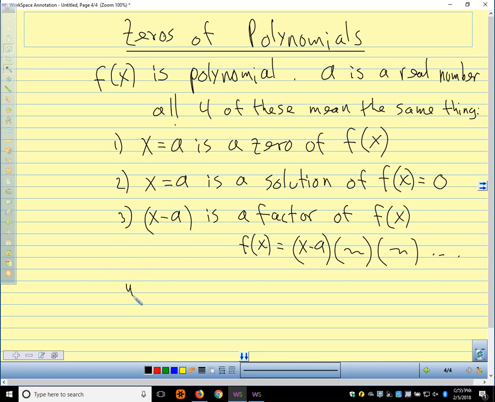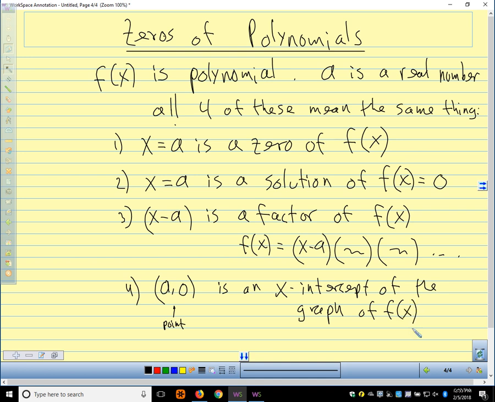The fourth thing that means the same thing as these other 3 is that the point (a, 0), and again this is a point, is an x-intercept of the graph of f of x.